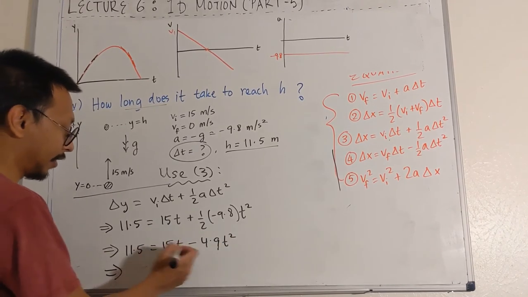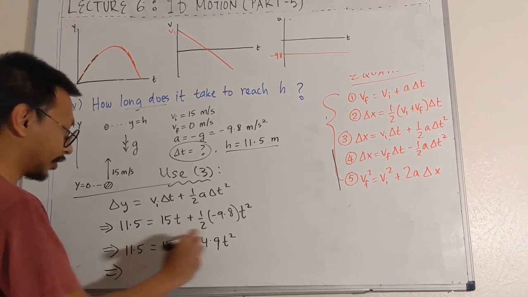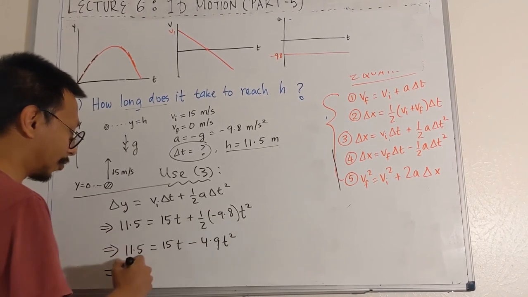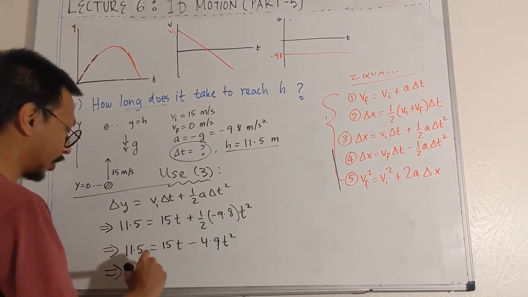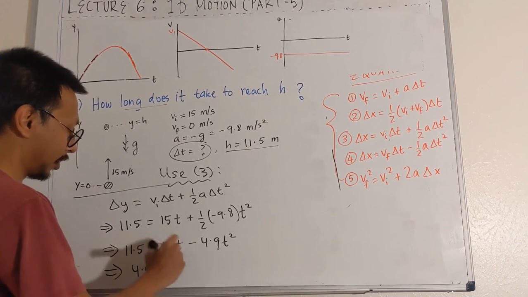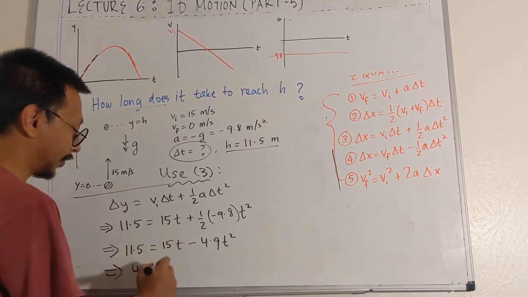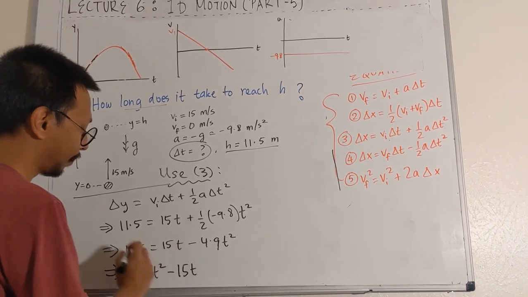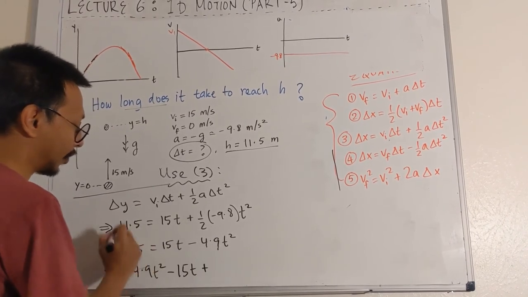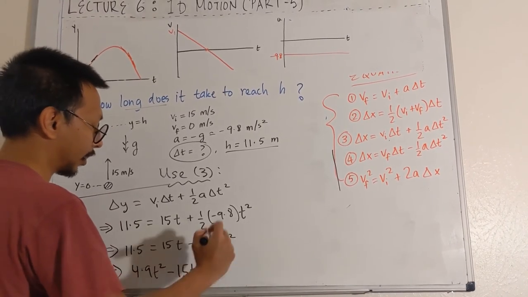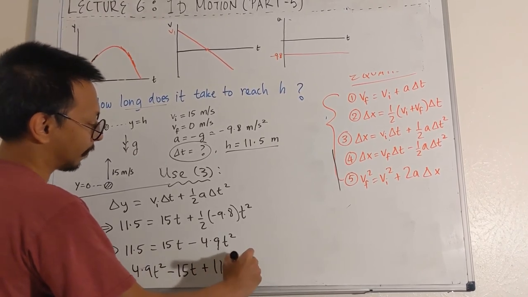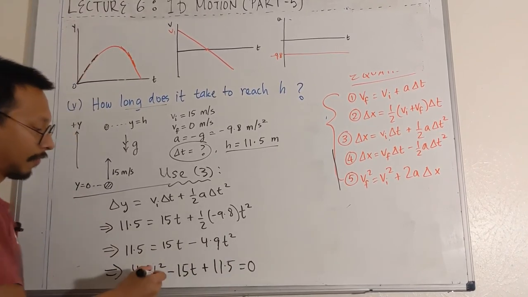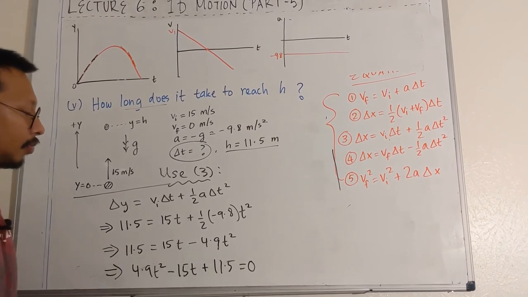Negative becomes a positive when you change sides, since you're adding 4.9 t squared to both sides. So we have 4.9 t squared. Similarly, bring 15t to the left hand side, it becomes minus 15t, and 11.5 was here from the beginning, so it remains. 4.9 t squared minus 15t plus 11.5 equals 0. From here we want to find what t is.